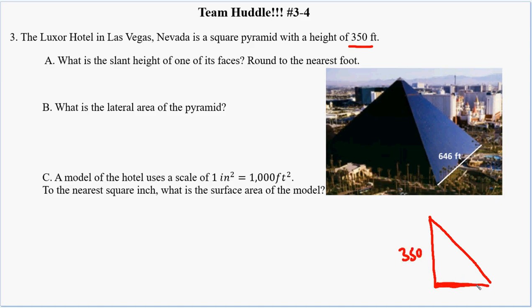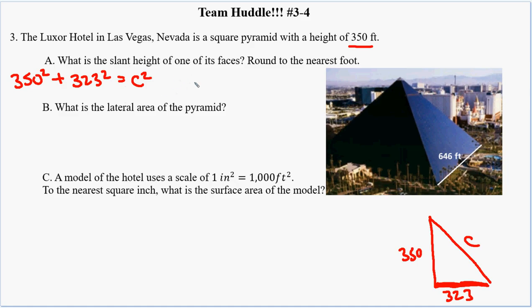And then the bottom part of this triangle is going to be half of this number right here, the 646. So let's cut 646 in half. That's going to be 323. So here, once again, we're looking for the hypotenuse C. So 350 squared plus 323 squared equals C squared. Here, we're not going to leave it as a radical. We'll get a decimal.